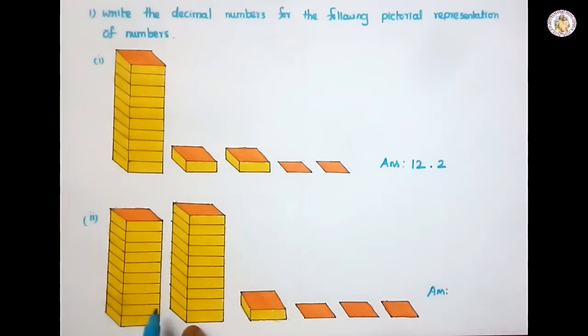Here also, 10, here 10, so 20 plus 1 is 21. So 21 point. How many tenths are there? 1, 2, 3. So 3 tenths are there. So 21.3 is the answer. Very easy, no?